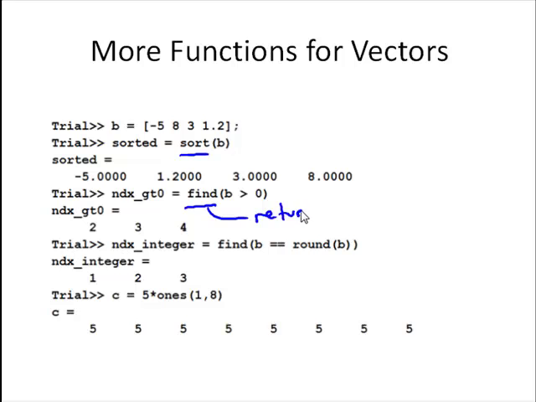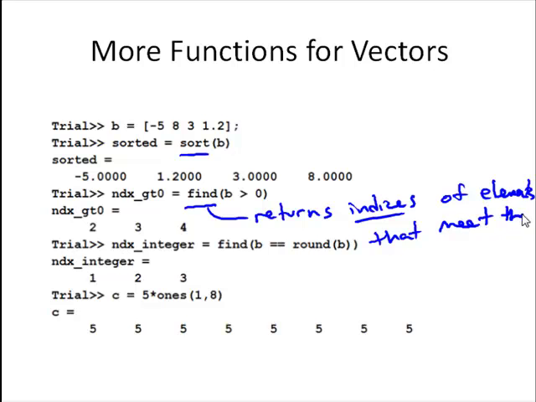This returns the indices of the elements that meet the condition in the input. So in this case, the input is find all the elements of B that are greater than 0. And what it's telling us is the second, third, and fourth elements of B are greater than 0.